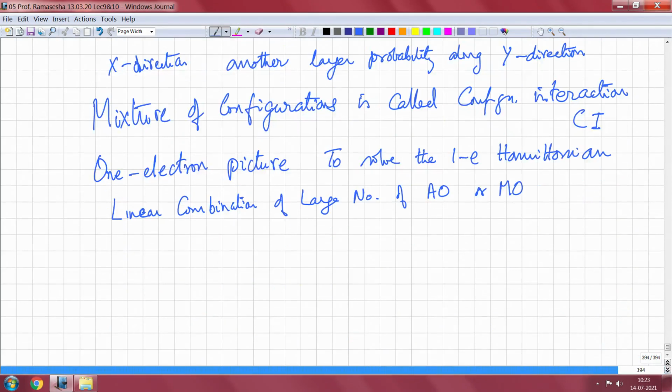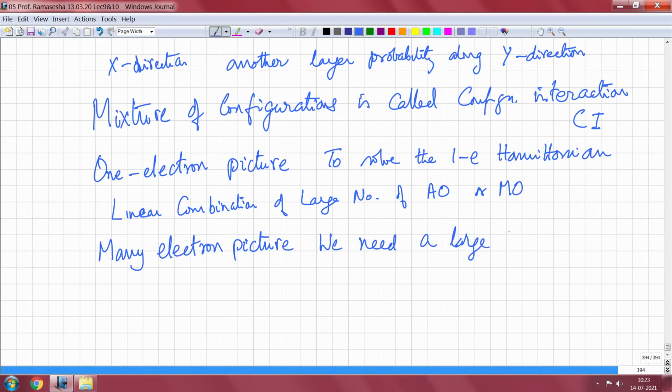Now supposing we want to have a many electron picture, we need a large number of electron configurations.